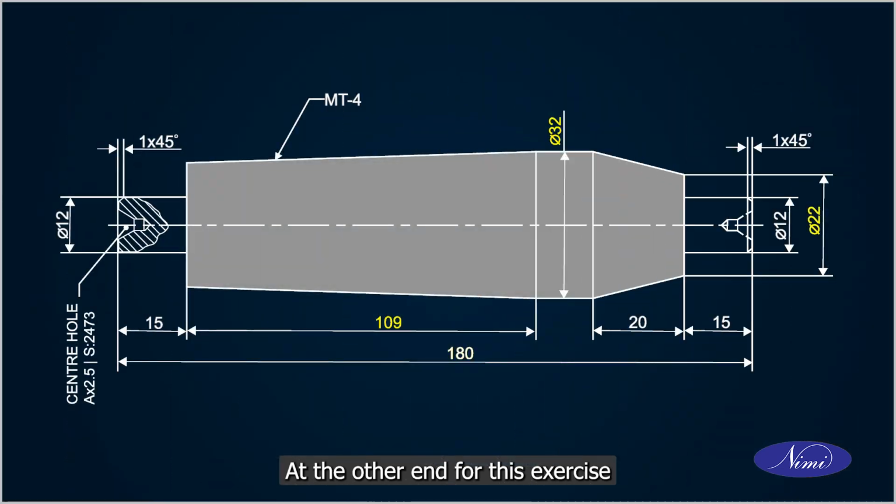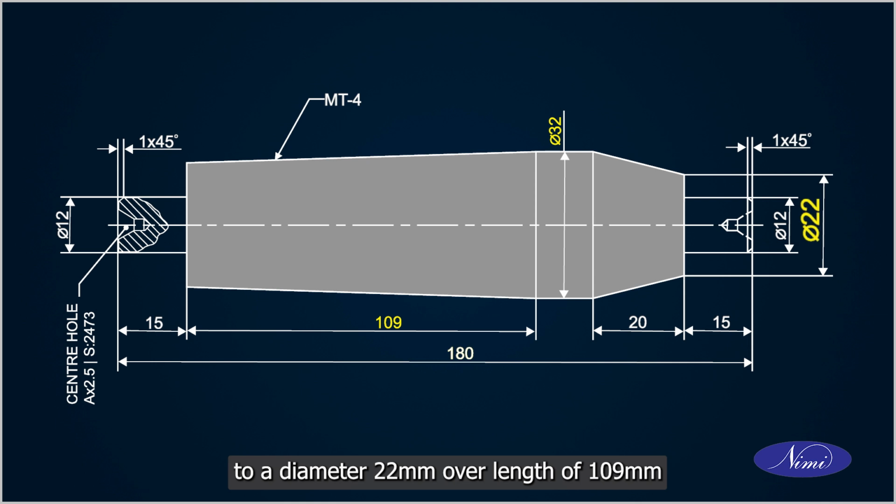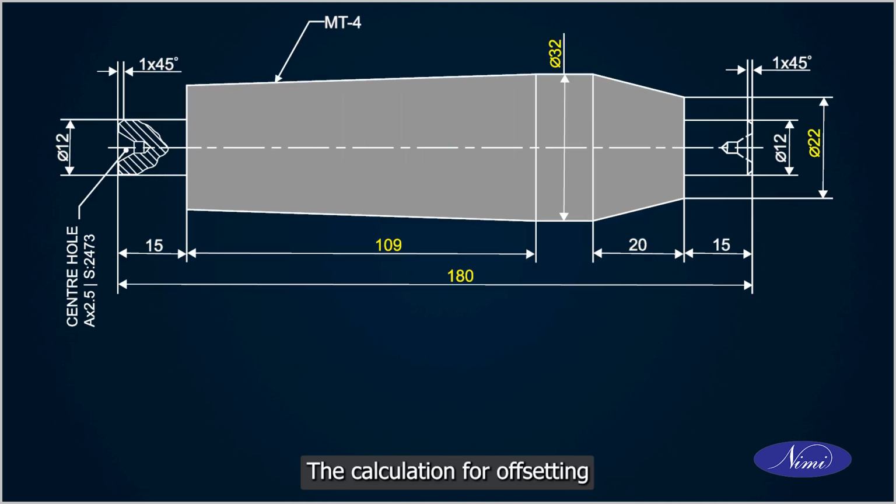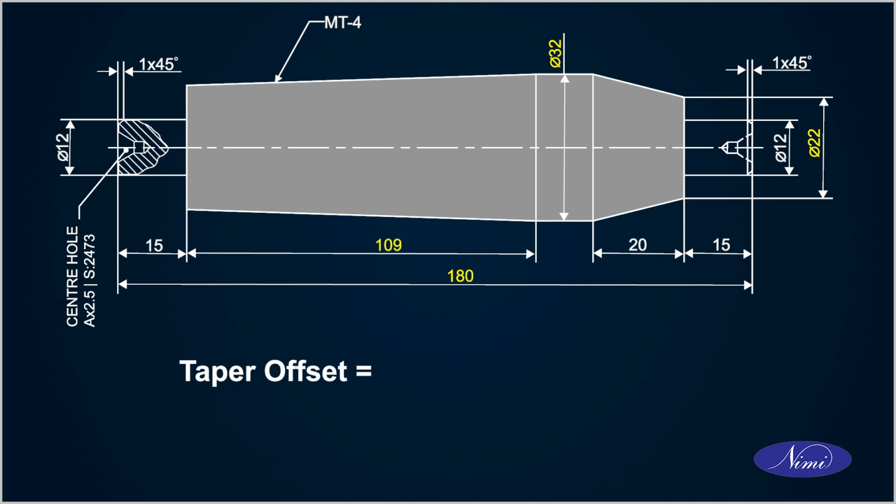For this exercise, taper must be given from a diameter of 32 mm to a diameter of 22 mm over a length of 109 mm. The calculation for offsetting the tailstock for this taper is as follows.